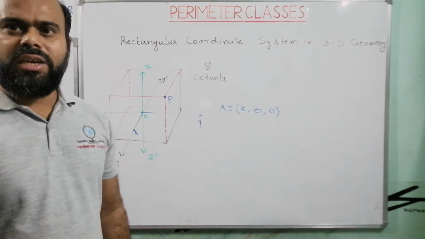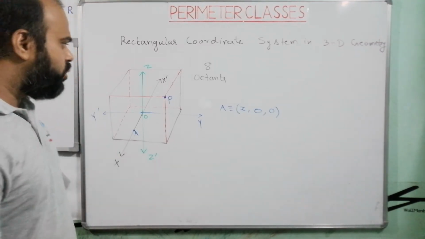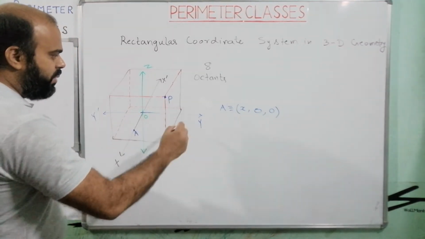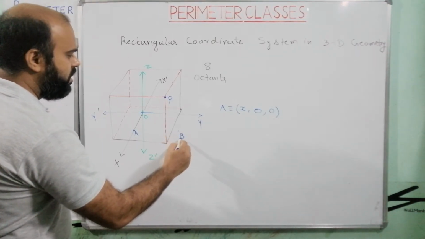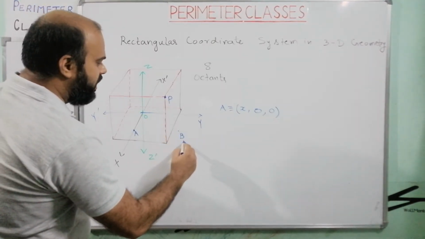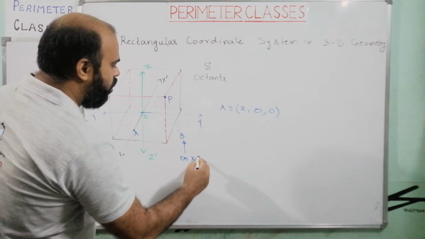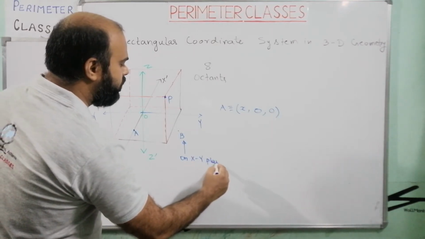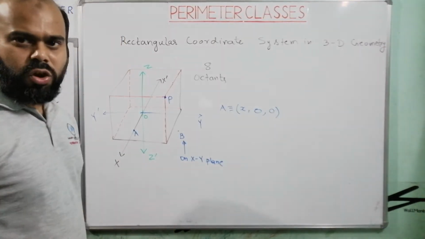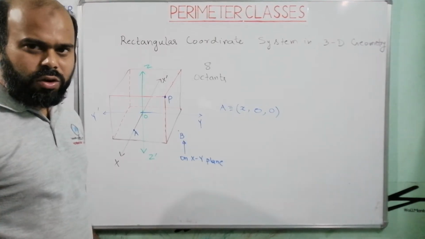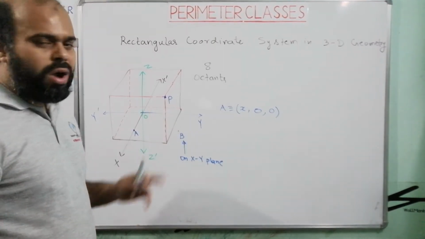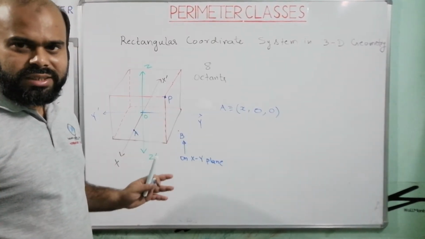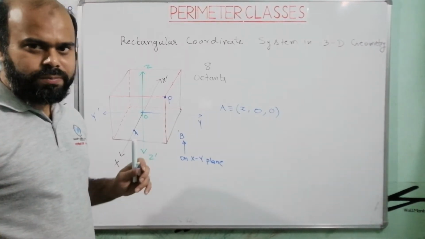If a point is lying on a plane, suppose it is lying on this xy plane, there is a point B which is on the xy plane. So on a particular plane, it will have its x coordinate and its y coordinate, but if you draw a perpendicular on the z-axis, it will intersect at the origin.